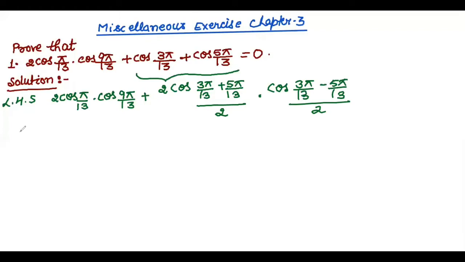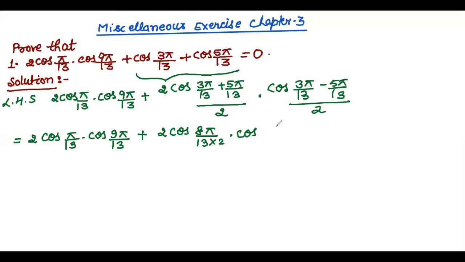So 2 cos pi by 13 into cos 9 pi by 13, we can write as 2 cos 8 pi by 13 by 2 into cos of minus 2 pi by 13 by 2.